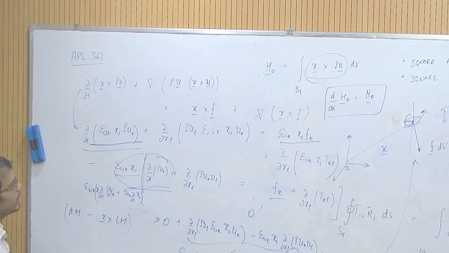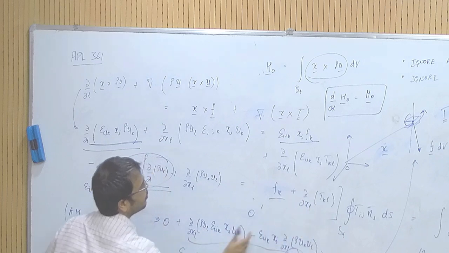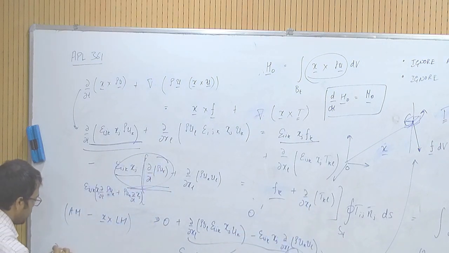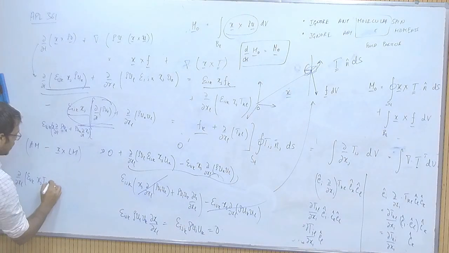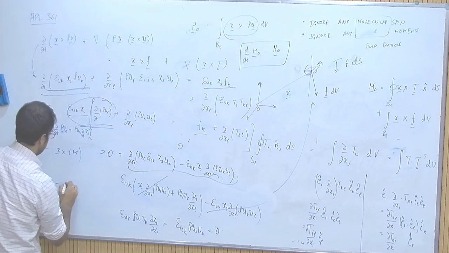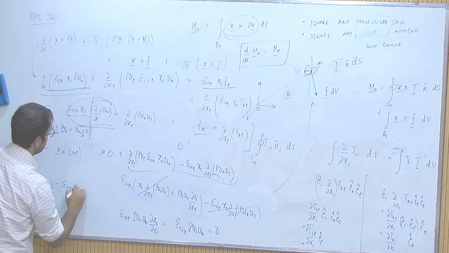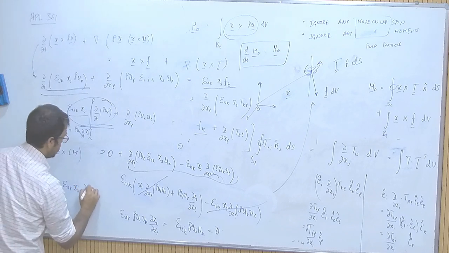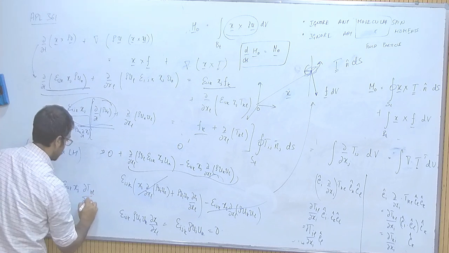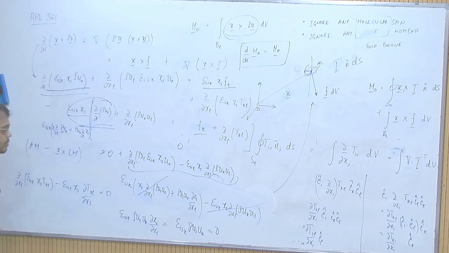Okay. The only thing that remains for now is del by del xl of epsilon ijk xj tkl minus epsilon ijk xj del tkl over del xl, that is equal to 0. We got all the terms cancelling out. So this subtraction has to be equal to 0.